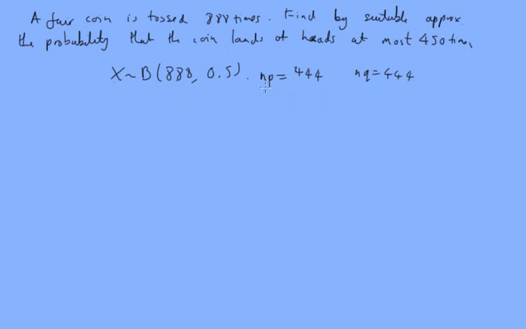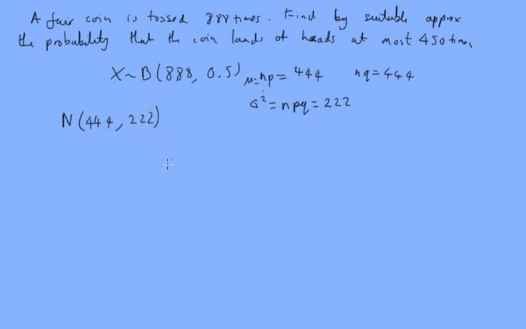Now this is going to be our mu, and sigma squared will be npq, which will be 200. So we can then do a normal distribution with mu 400 and sigma squared 200.